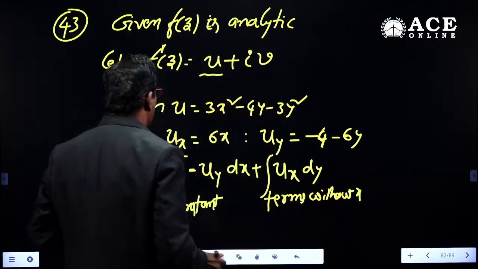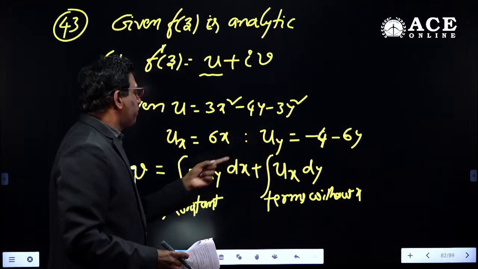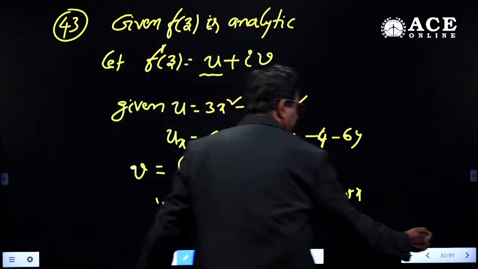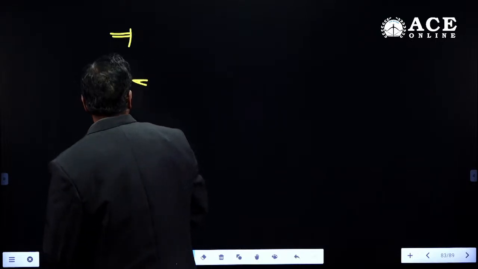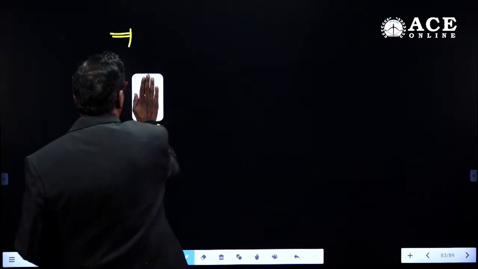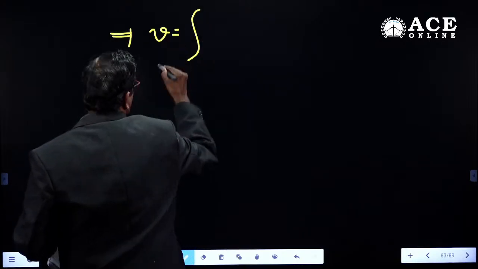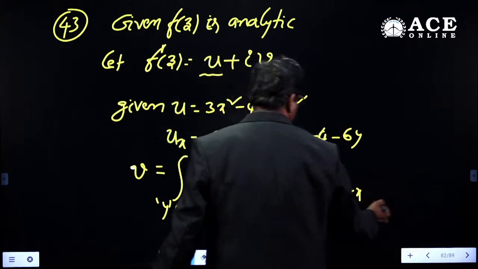Now what is uy? Actually uy is minus 4 minus 6y, but the minus sign is there, so minus of minus becomes plus. That implies v is equal to the integration of 4 plus 6y.